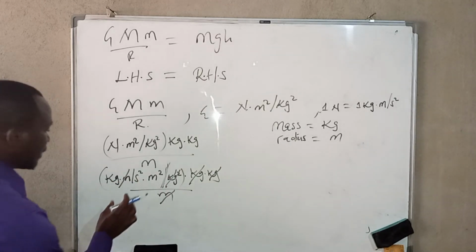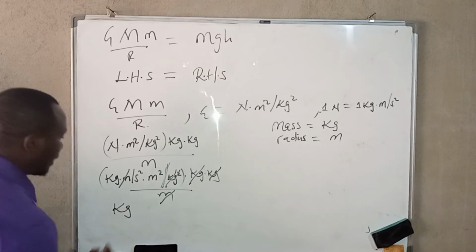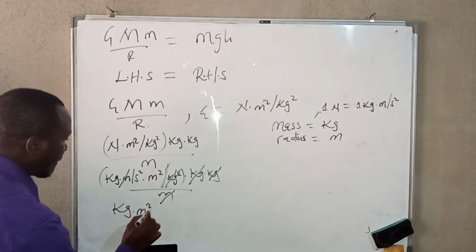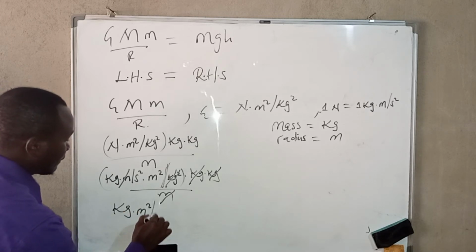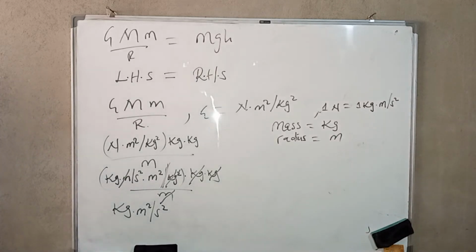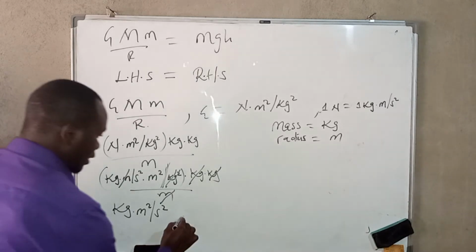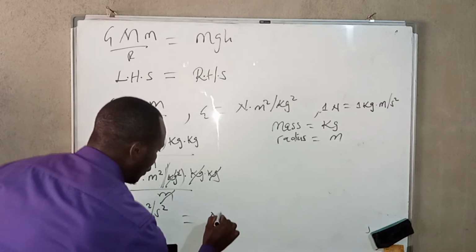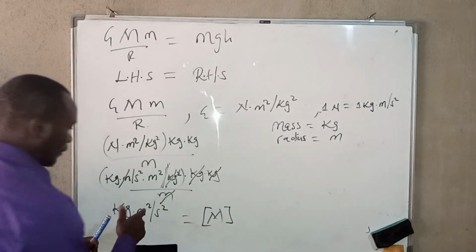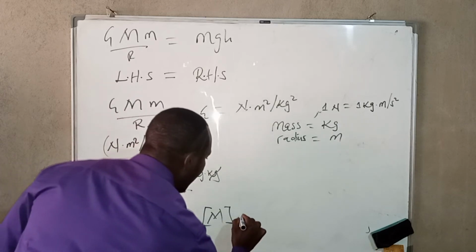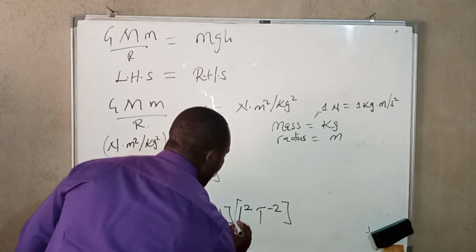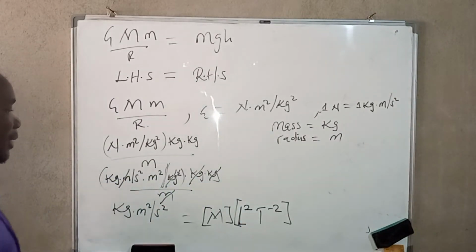So what we're going to have is kg, then here we have meter squared, then here we have second squared. So in terms of dimensions, we have M, which is mass, then here we have length squared, and time to the power -2, since it is dividing.